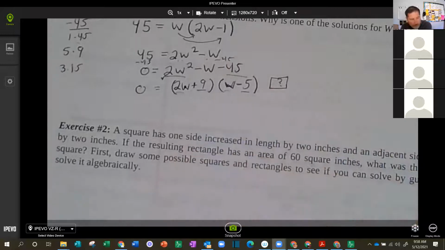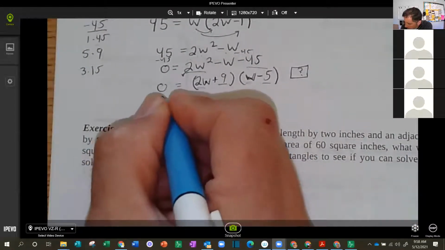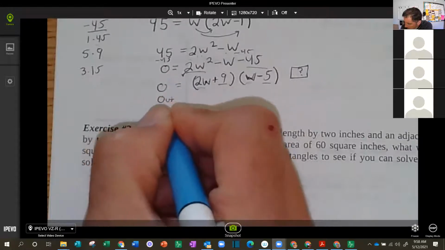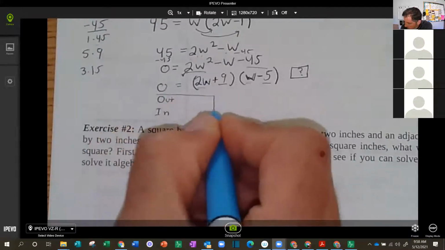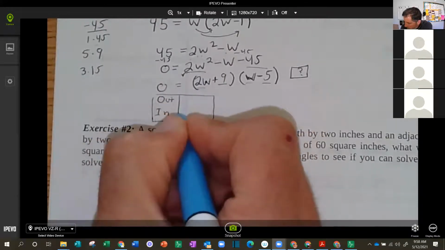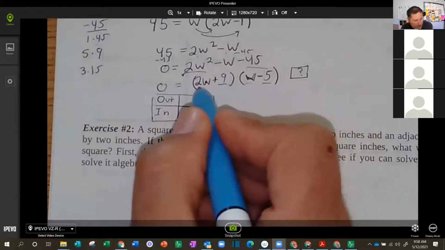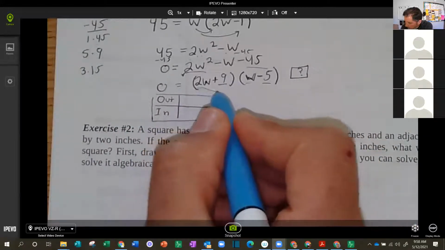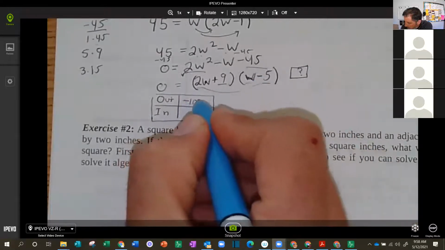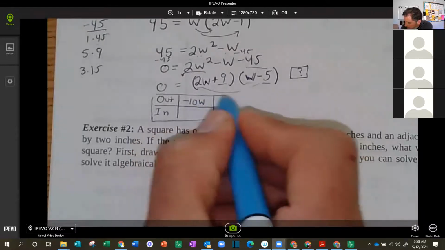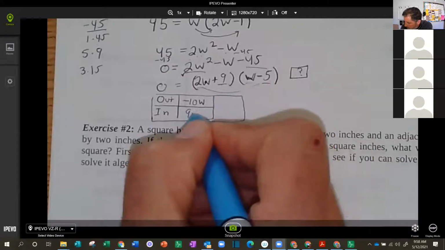Okay, to check this, I'm going to teach you something today. It's called the OI check. Outside, inside. The in-out check, or the OI check. What I mean to do with this is I'm going to see if they add up to the middle term when they're complicated, because this 2 is complicating things. 2w times negative 5 is negative 10w. 9 times w is 9w.